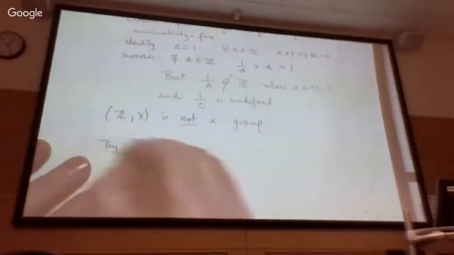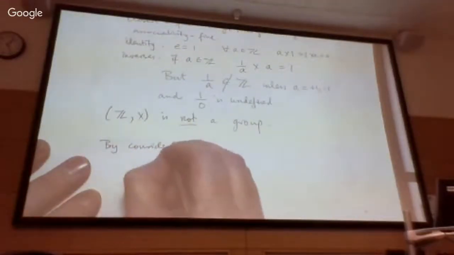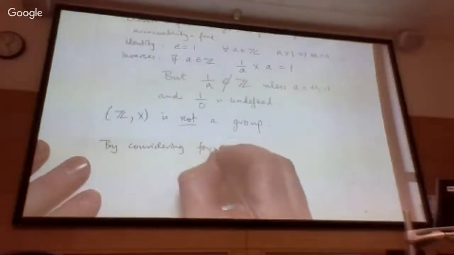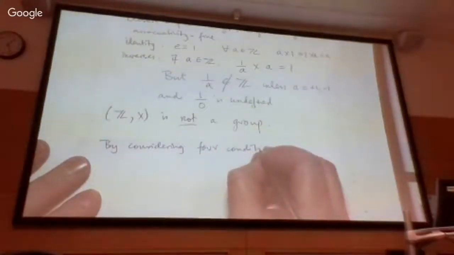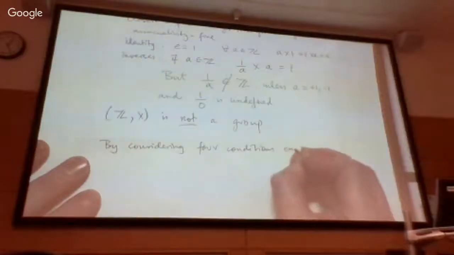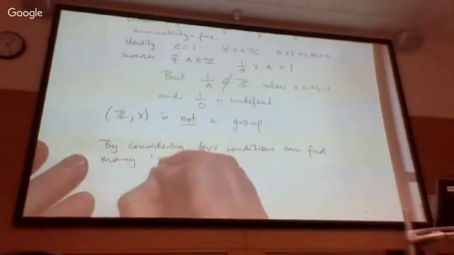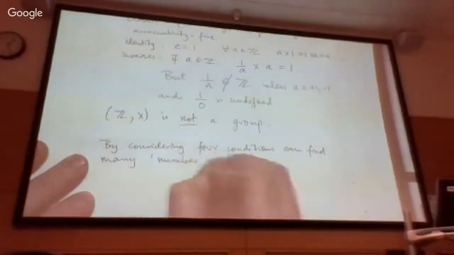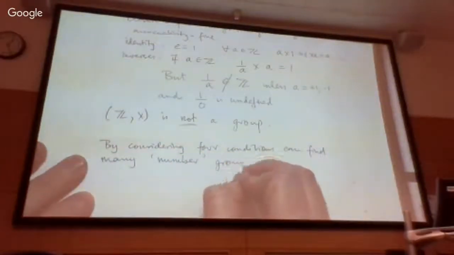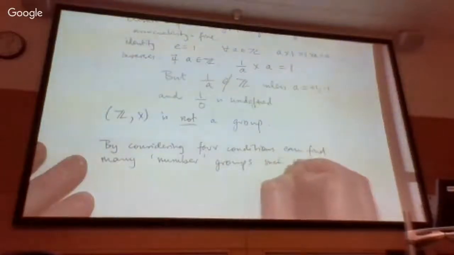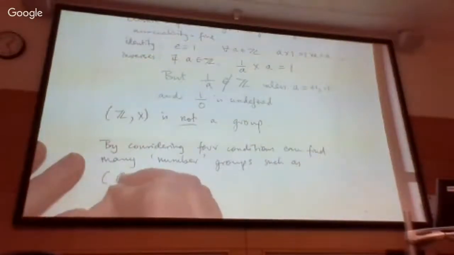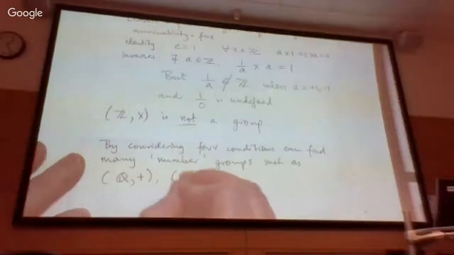So by considering the axioms, by considering the 4 conditions, we find many number groups made of familiar number-like objects. Well, addition will always give you a nice group.